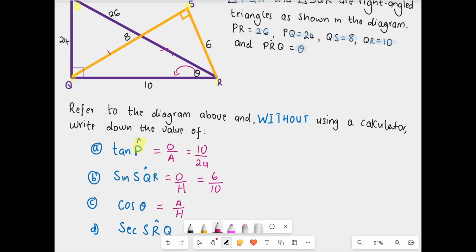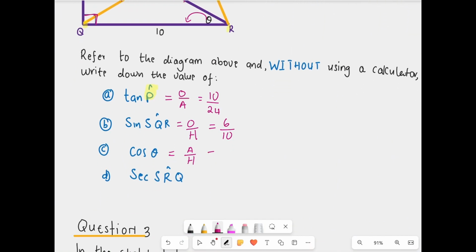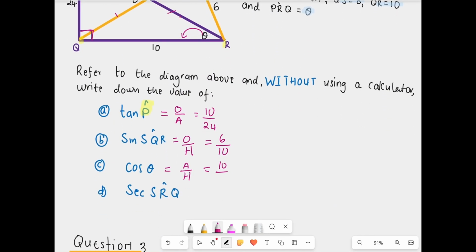And which side is the hypotenuse? The hypotenuse will be opposite to this 90 degrees here, so it will be 26. So here we have our adjacent as 10 over the hypotenuse, 26.